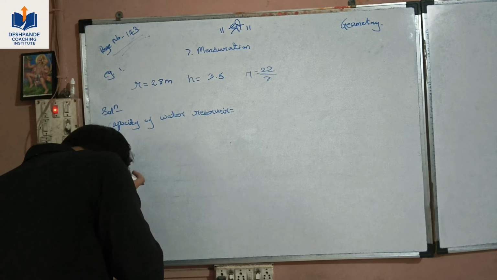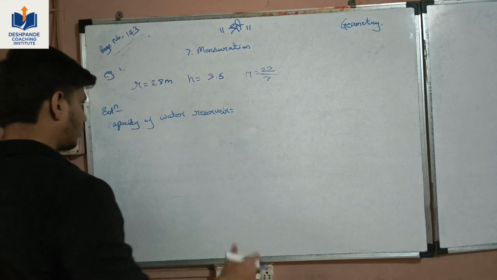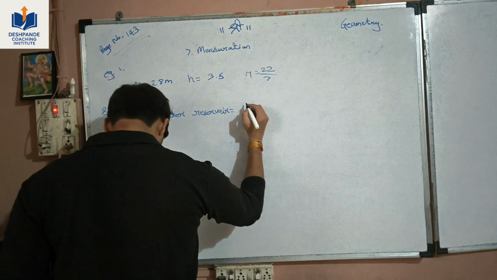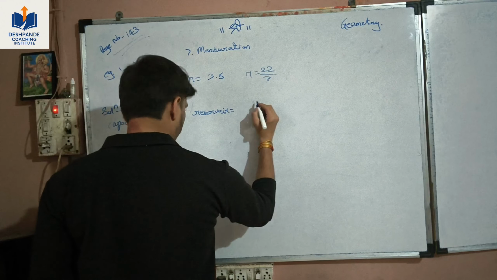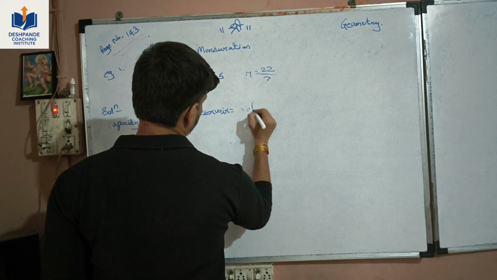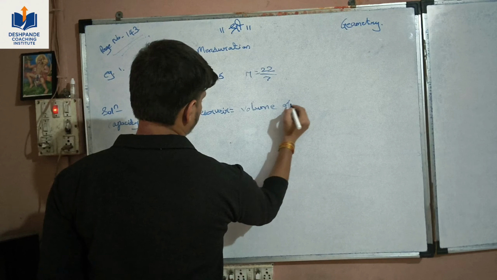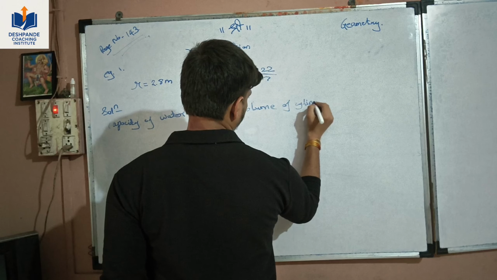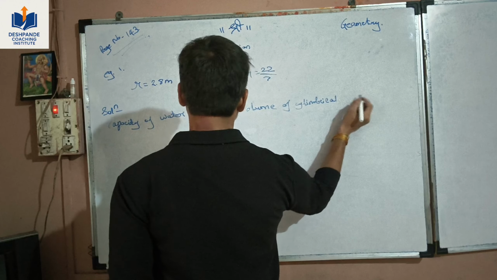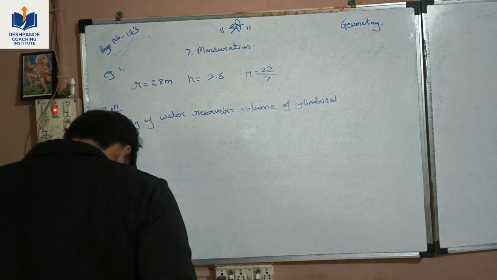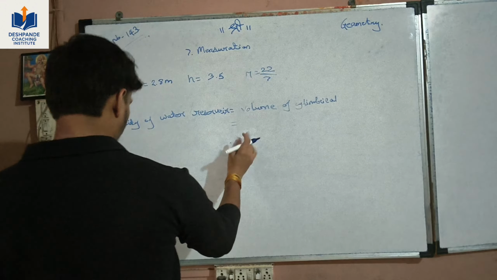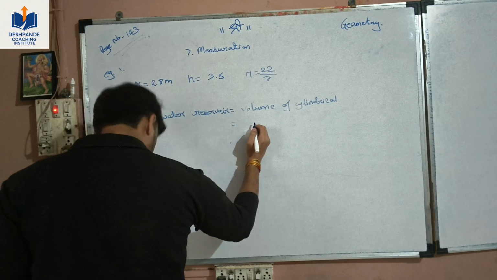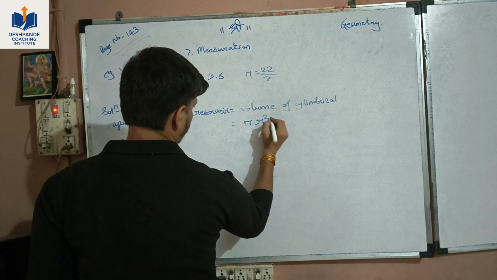So we have to solve the question by using the formula for the volume of a cylindrical reservoir. What is the formula? It is pi r square h.